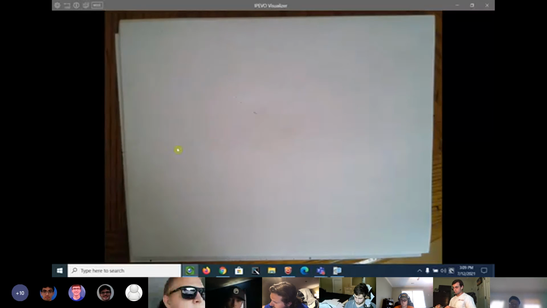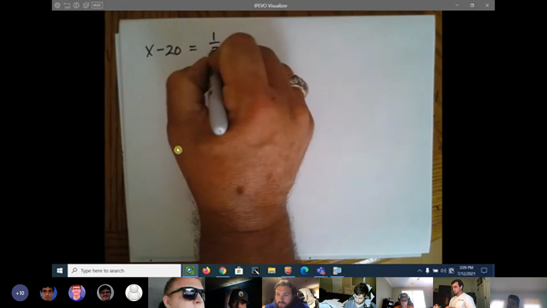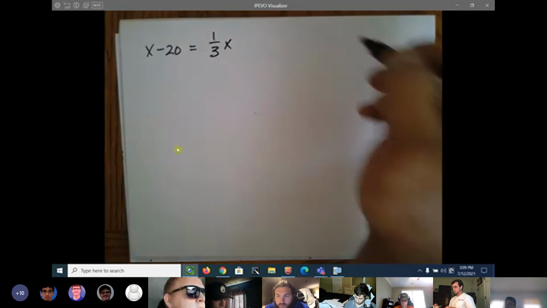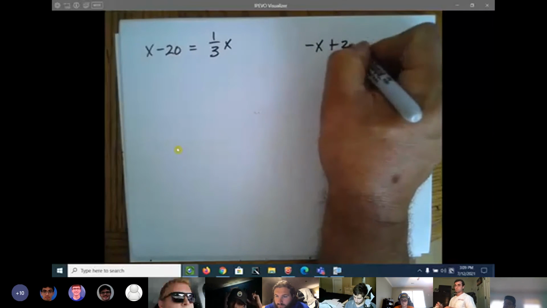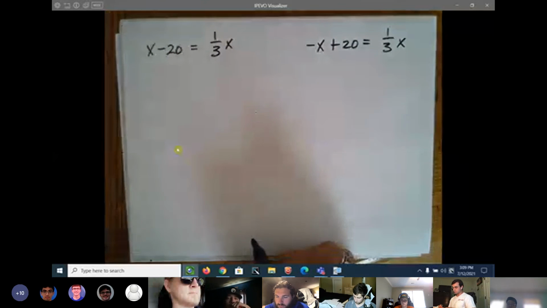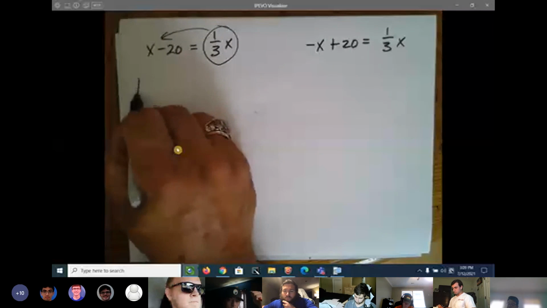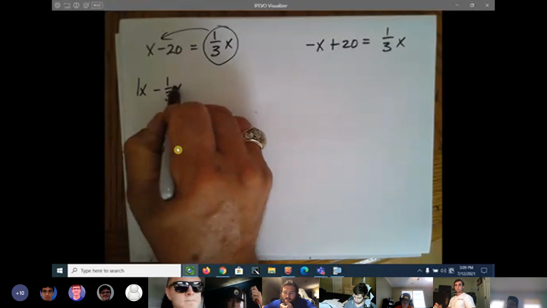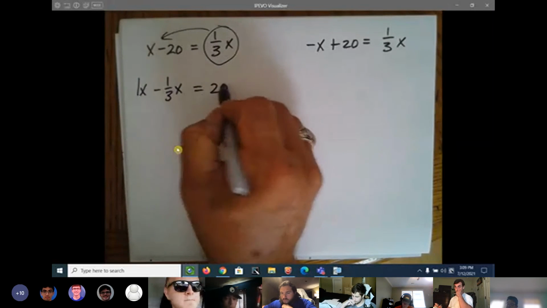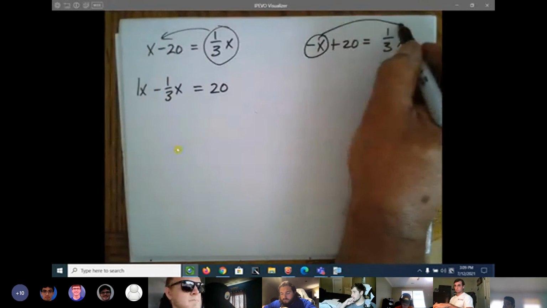So x minus 20 is equal to 1/3 x, and negative x plus 20 is equal to 1/3 x. Bring this across the river, and take this across the river.